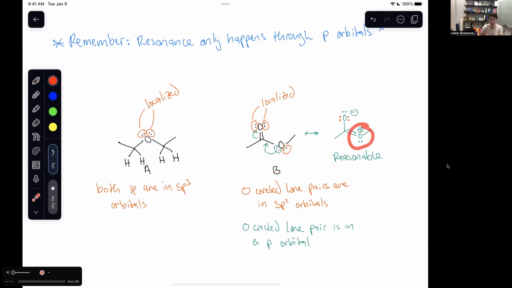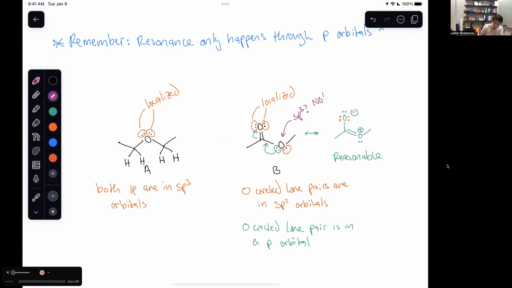Because if we're looking at this oxygen and trying to figure out its hybridization, it gets a little bit tricky here, because if you look on this side, you would say 1, 2, 3, 4, that should be an sp3 oxygen. So when we're looking at this and we ask ourselves, is this sp3?